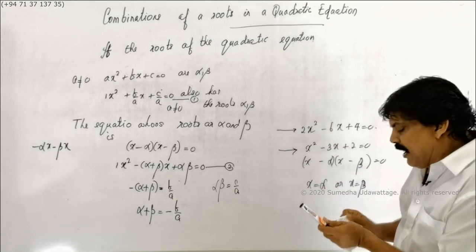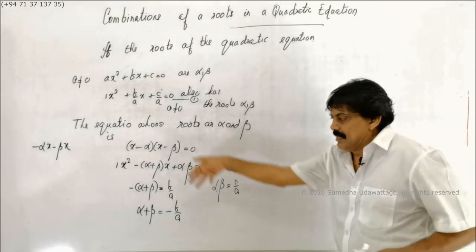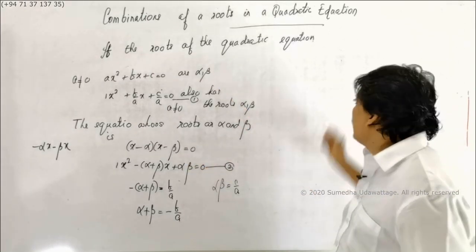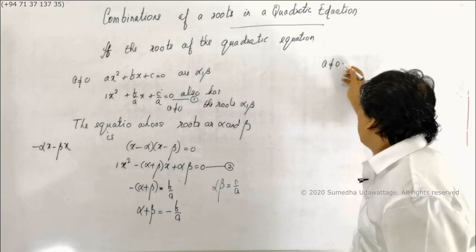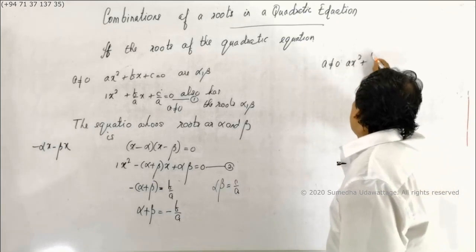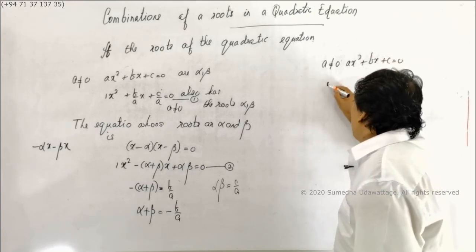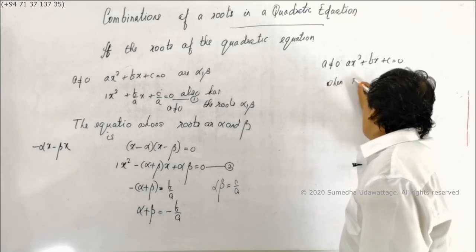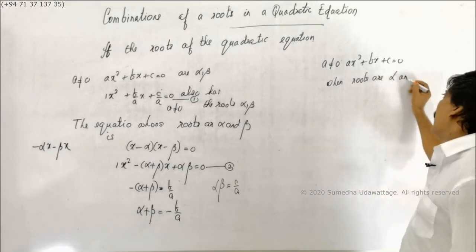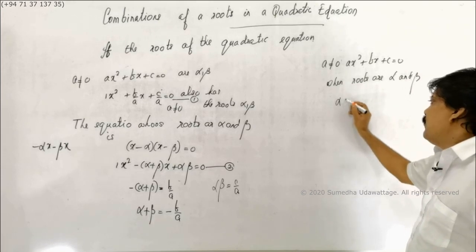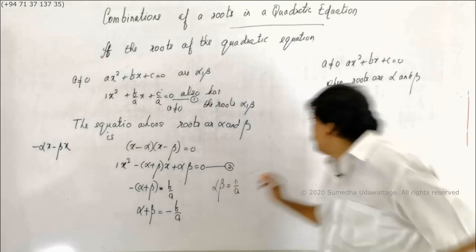Now, if we are to summarize all that is done in this situation, we can say: a not equal to 0, ax square plus bx plus c is equal to 0, when the roots are alpha and beta, alpha plus beta is equal to minus b over a.